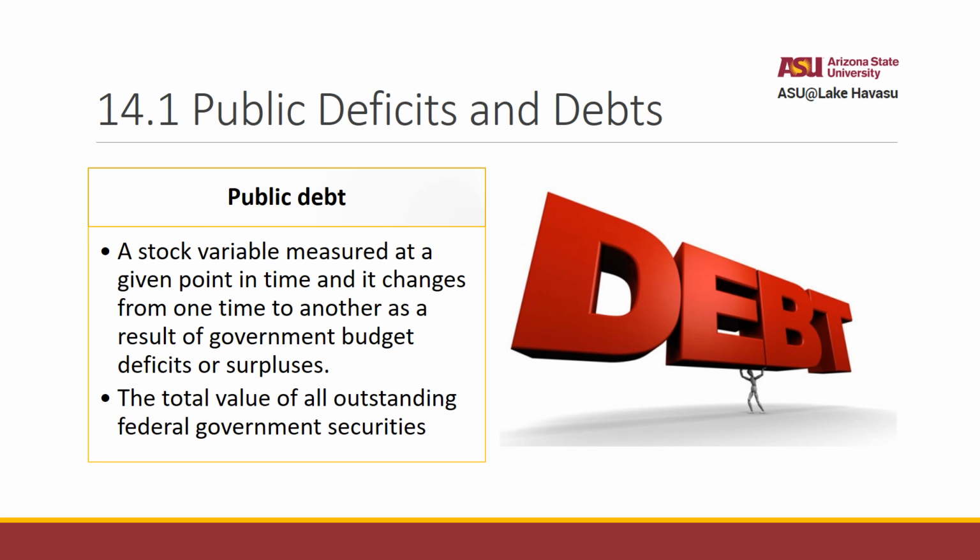For instance, as of January 1, 2014, one measure of public debt was about $12.9 trillion. During 2014, the federal government operated at a deficit of $0.5 trillion, and as a consequence, as of January 1, 2015, the measure of the public debt increased to about $13.4 trillion.